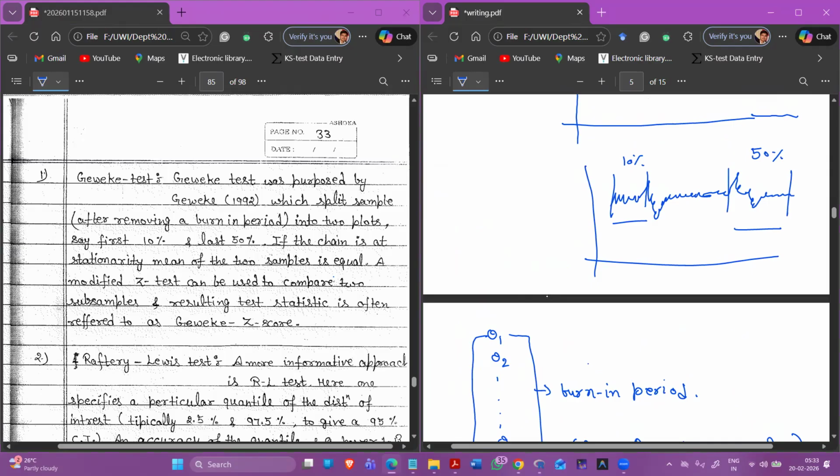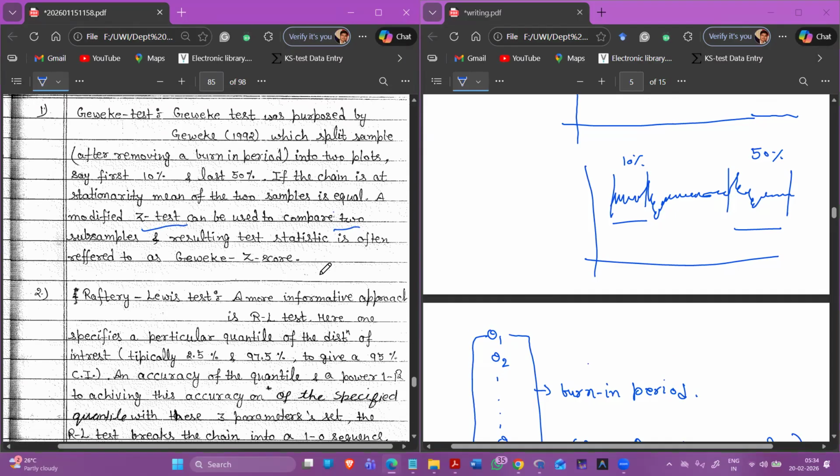It should be the same if they have the same distribution. So at that time, we will apply the two-sample Z test and check whether they have equal means or not. If they have equal means, we will say the chain converged properly and reached the stationary state. Otherwise, the chain has not converged properly if they have different means. All right. So that is the Geweke test.